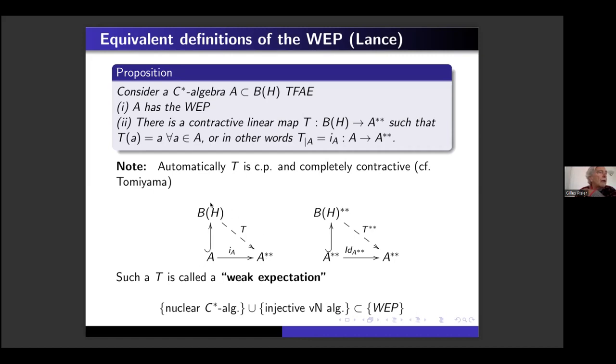The map on the diagram that you're seeing here goes from B of H to the bidual, and is the identity on A. And then if you take the double dual of this map T, you will have a map from B of H double star to A double star, and then you have a canonical embedding of the bidual of A. You're basically taking the double dual of everything, but of course your double dual of A is nicely embedded, as I'm sure you know, into the fourth dual with a nice projection. So I can anyway go into the bidual.